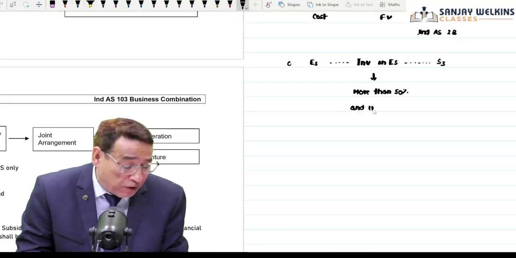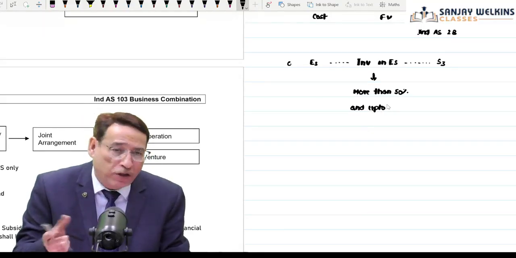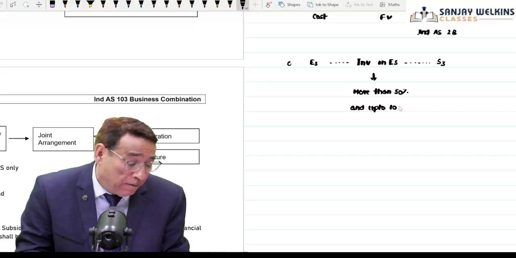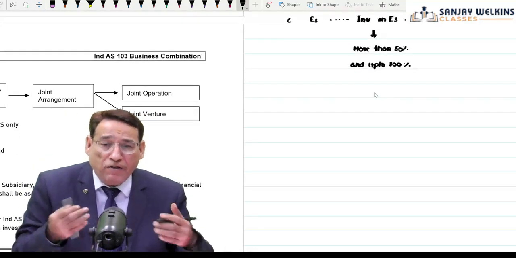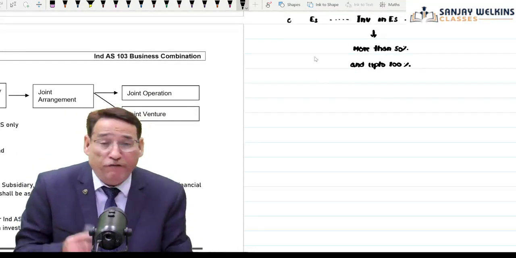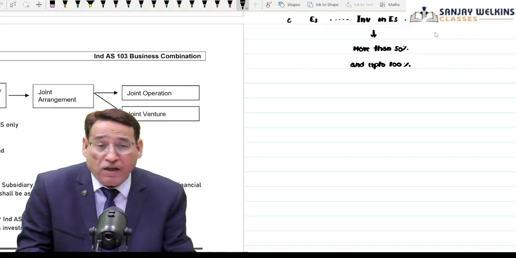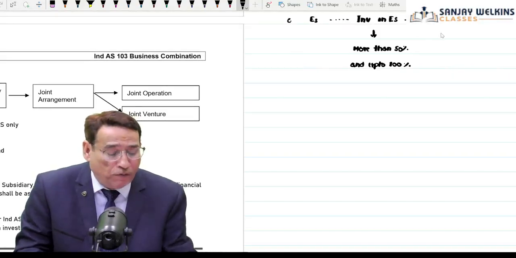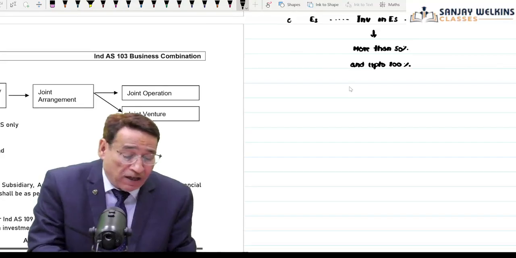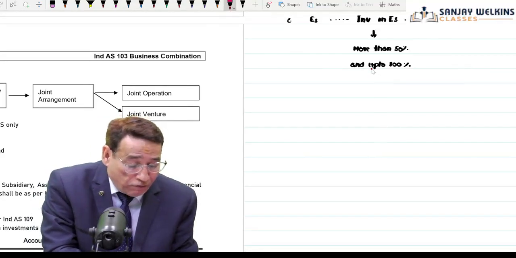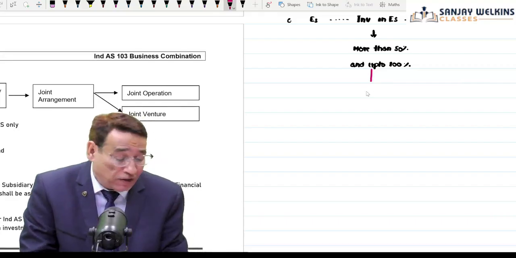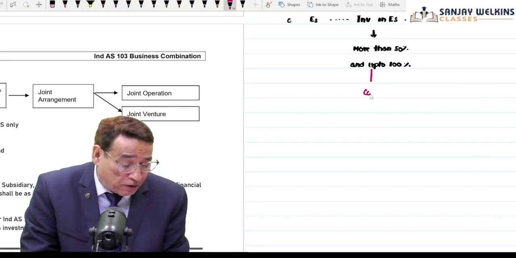So if your range of investment in the other entity is between 50% and 100%, obviously, in this case, we may say that the investor entity has control over the other entity, because your range of investment is more than 50%. So now the other entity is under your control.